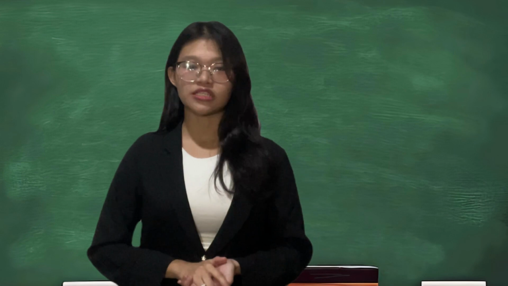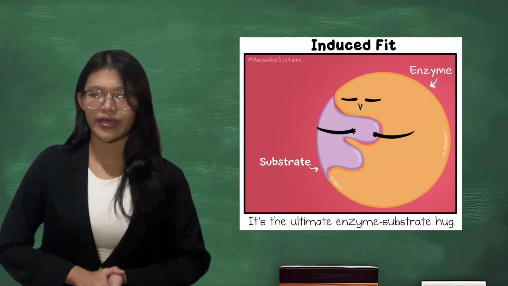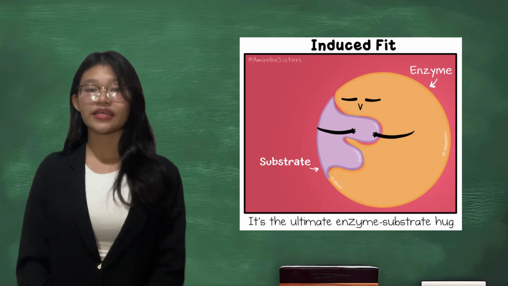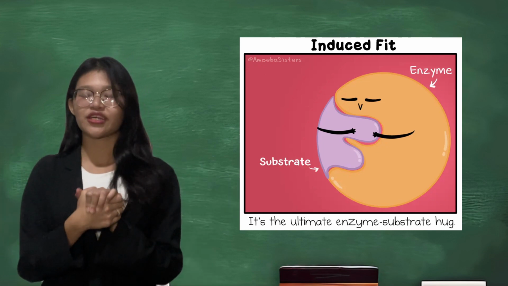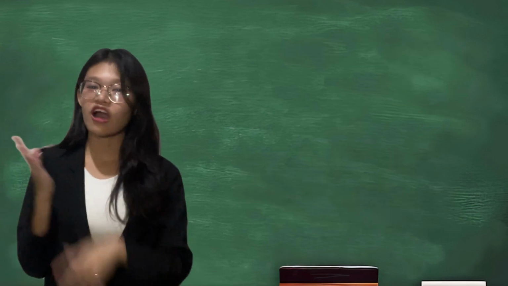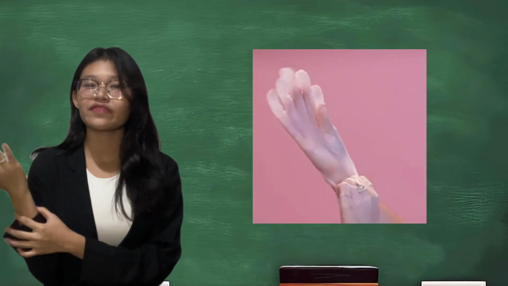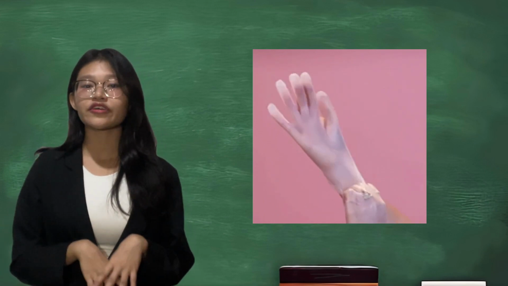According to this model, the enzyme's active site isn't a perfect fit to the substrate right away. Instead, when the substrate begins to bind, the enzyme changes its shape slightly to hug the substrate more tightly. You could think of it like a hand putting on a glove. The glove may not perfectly match your hand shape at first, but as you wear it, the glove molds to your fingers.